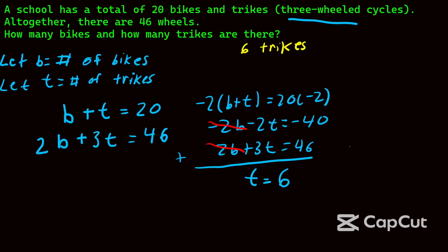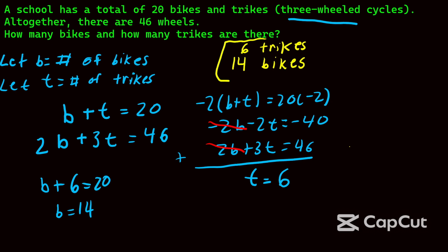And then now we want to find out our bikes, plug it back in to either one of these equations, but I'm going to plug it into the top one because it's just easier. It's obviously a lot easier than this bottom one. So b plus 6 equals 20, b equals 14, and b is the number of bikes, so that just means we have 14 bikes. Boom. And there's our answer.